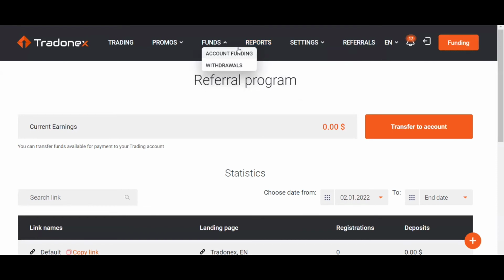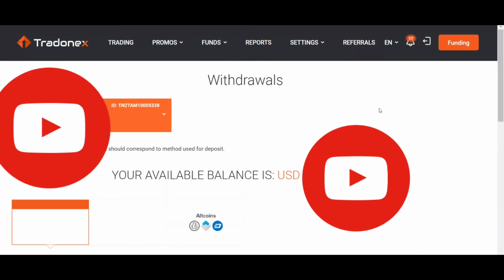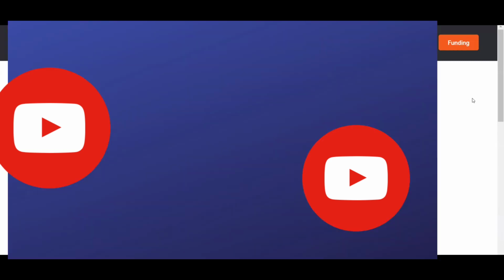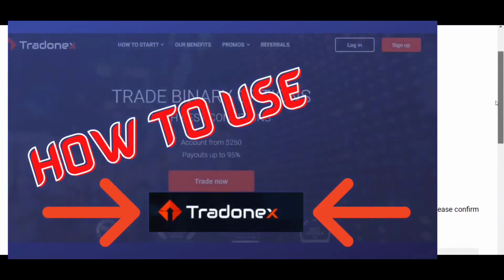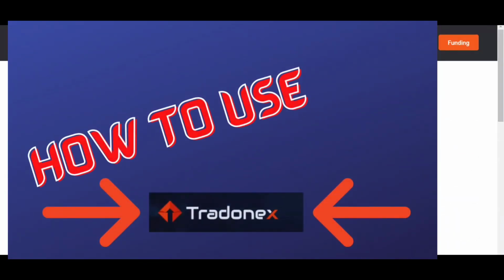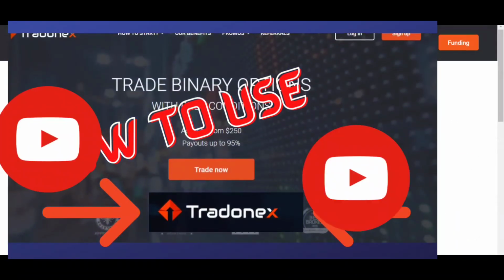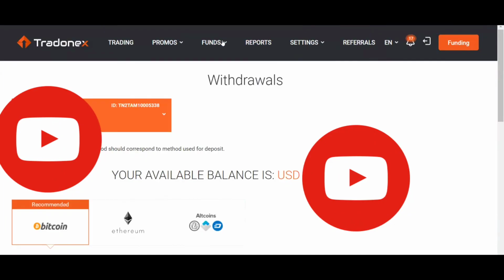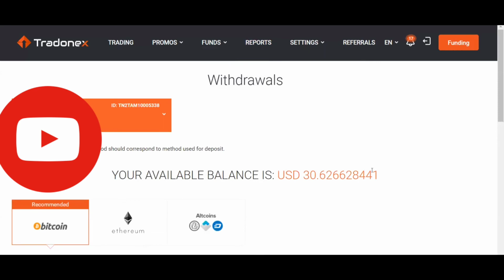Under funds, you can go to withdrawal, and you can withdraw with Bitcoin, Ethereum, altcoins, unless you have something set up, which I don't have anything set up. So also under funds is account funding.